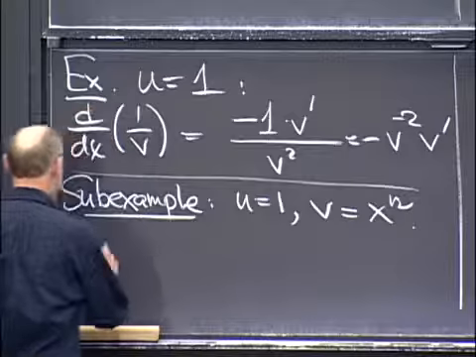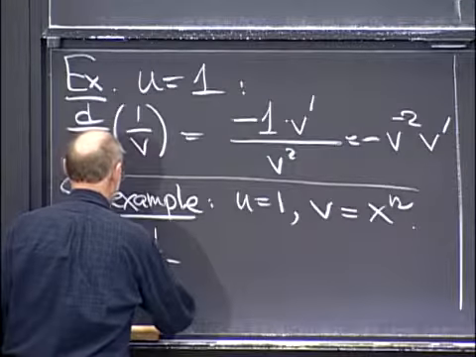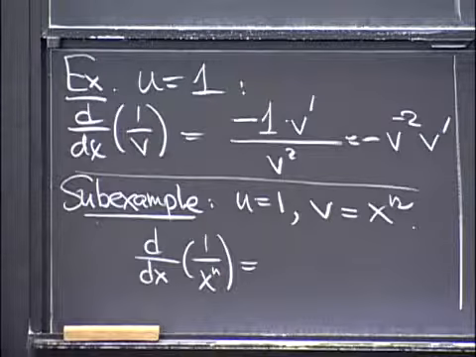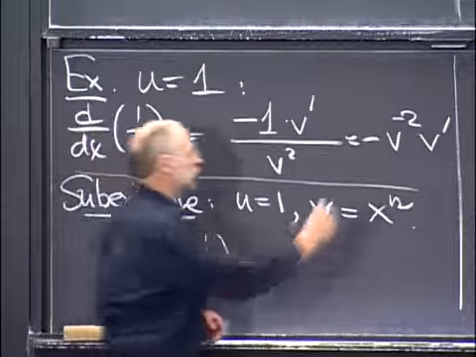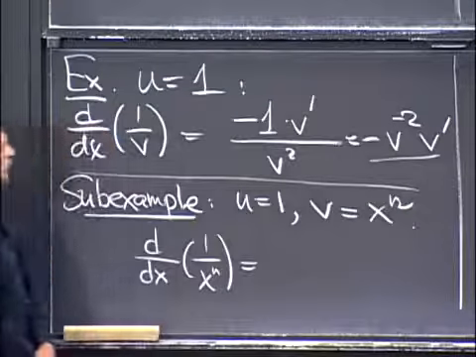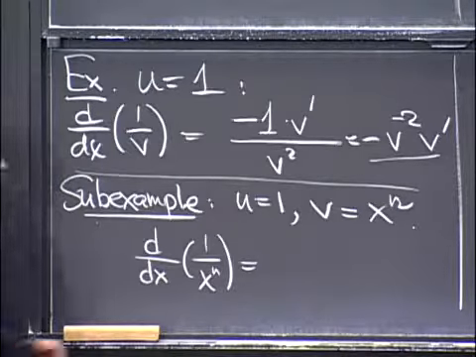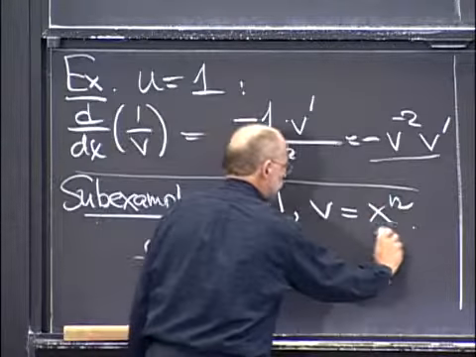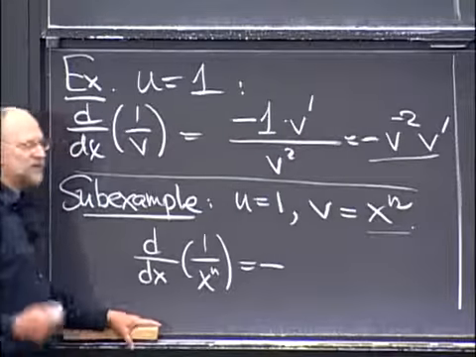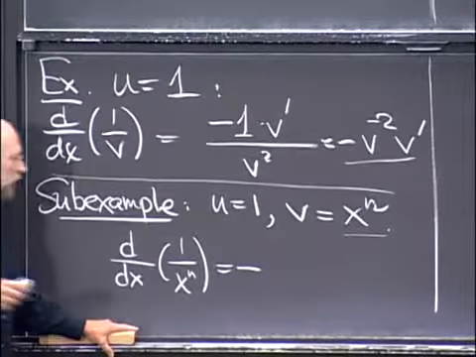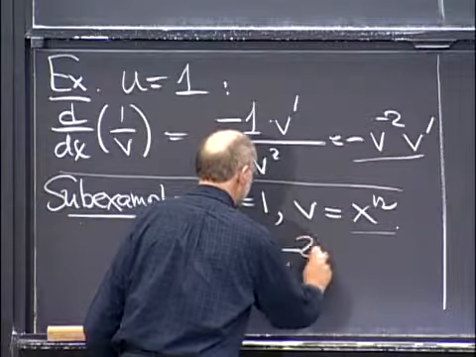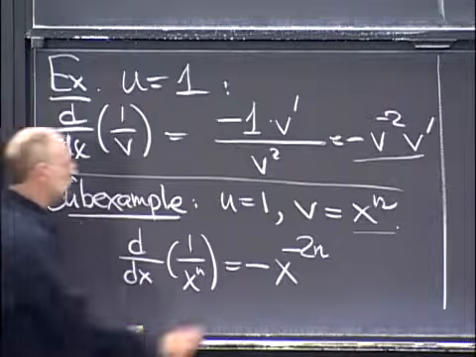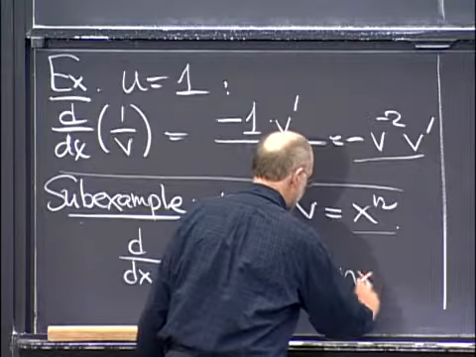So what do I get here? d over dx of 1 over x to the n is, I'm plugging into this formula here, with V equals x to the n. So I get minus V to the minus 2. All right, if V is x to the n, V to the minus 2 is, by the rule of exponents, x to the minus 2n. And then V prime is the derivative of x to the n, which is n x to the n minus 1.